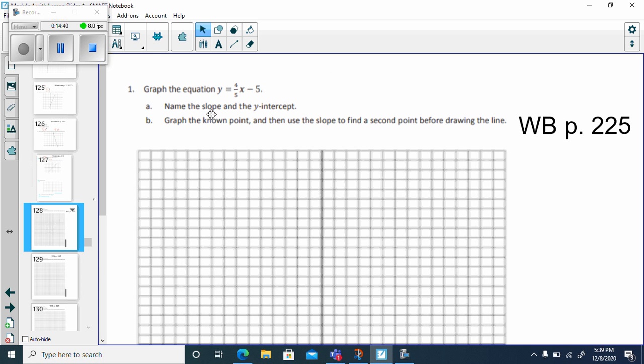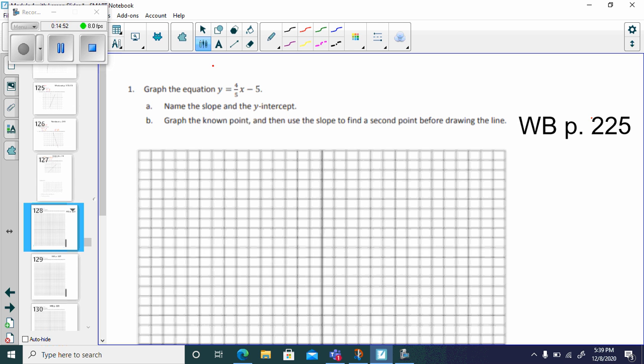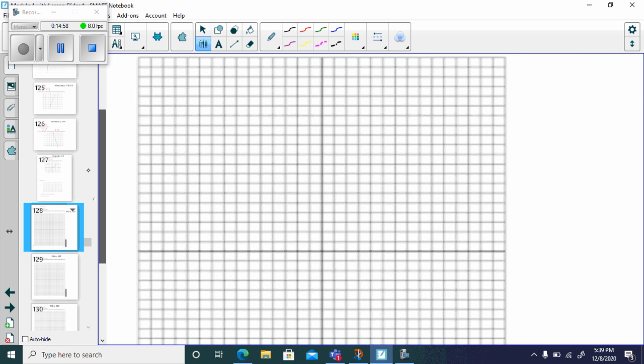All right, name the slope and y-intercept, graph the known point, use the slope to find another point. Okay, what we know we're dealing with is y is equal to mx plus b, right? Y is equal to mx plus b. Our b is negative 5, so let's start at negative 5.